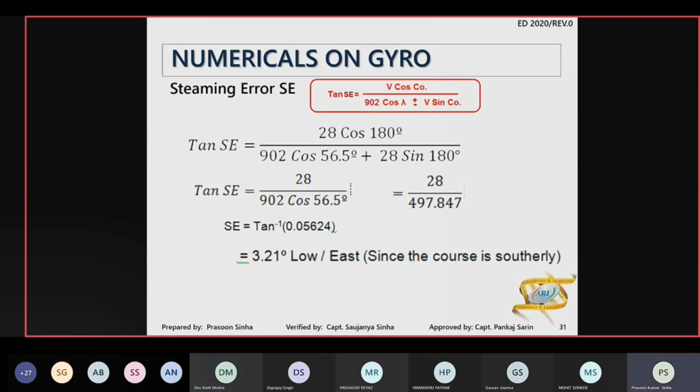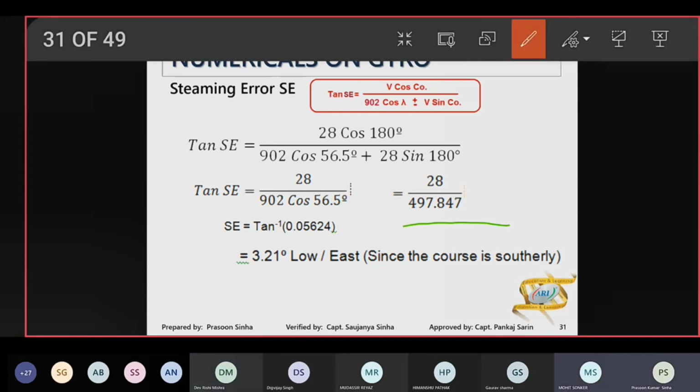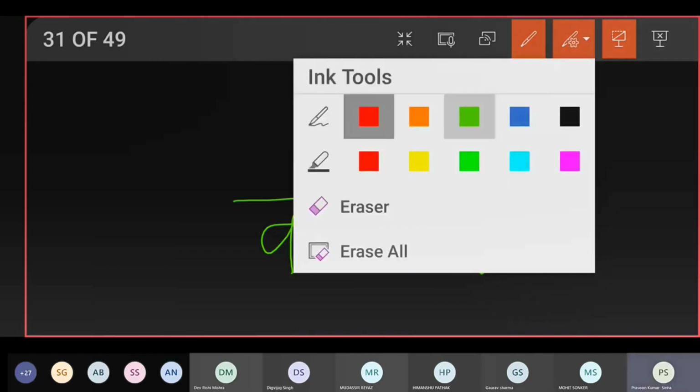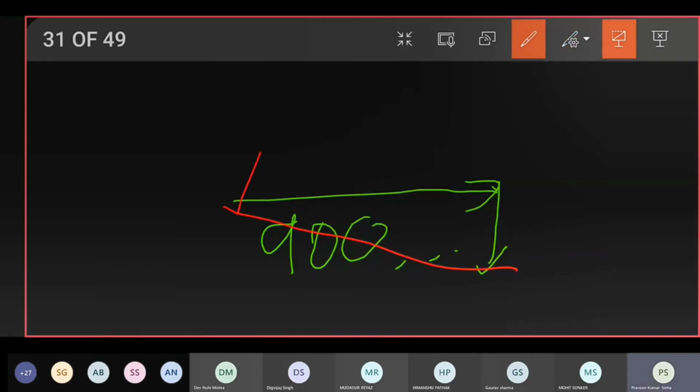Why? Because the course is southerly. Again, if this is 900 cos lat, if the course is southerly, the resultant will be like this. And so the gyro will be settling perpendicular to this.